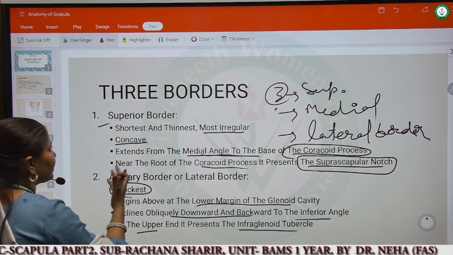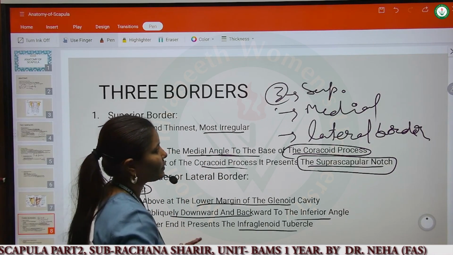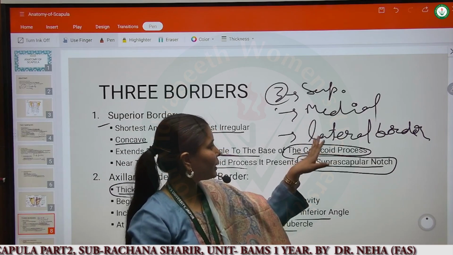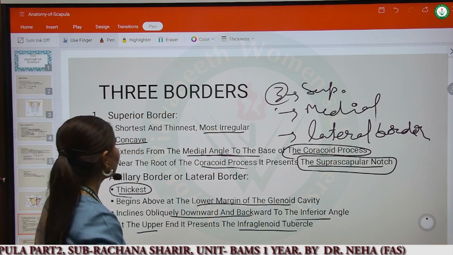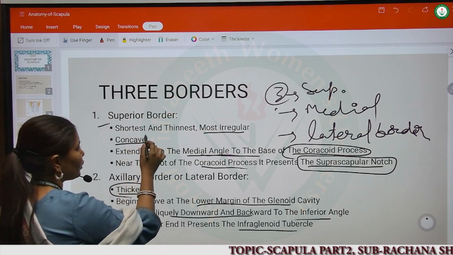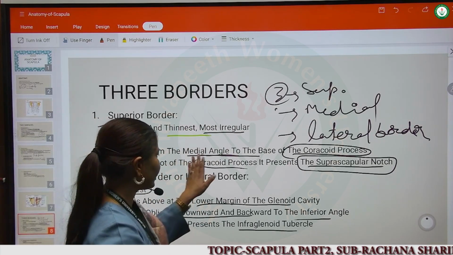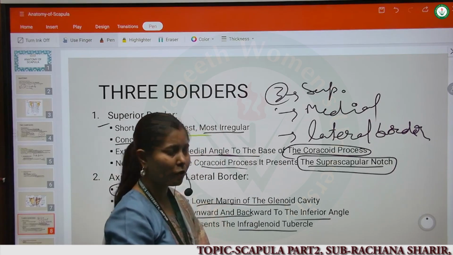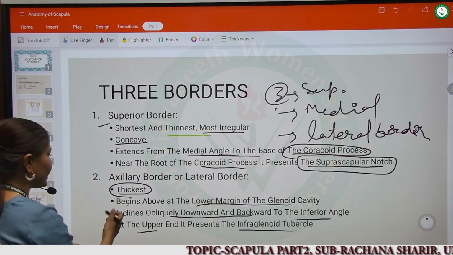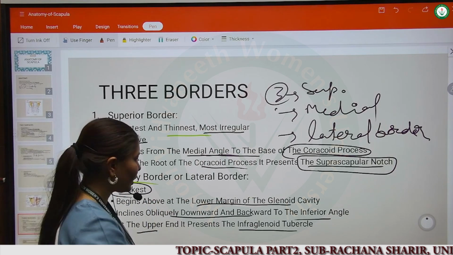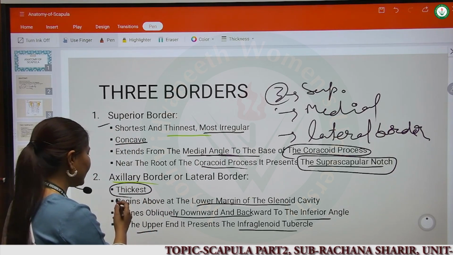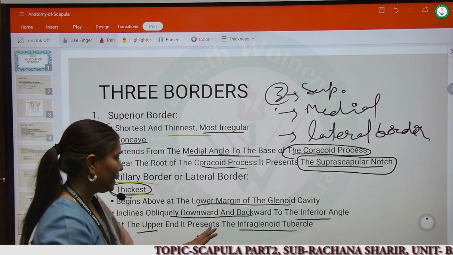Then we discussed the borders. There are three borders on the scapular bone: superior, medial and lateral border. Superior border is the shortest, thinnest and most irregular, and it extends from the medial angle to the base of the coracoid process. Then the second border is the axillary border or lateral border. Axillary border is the thickest border.